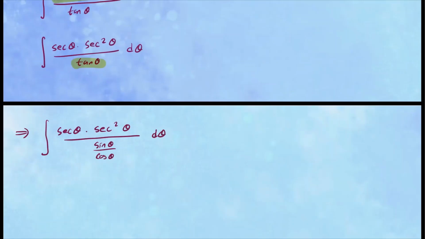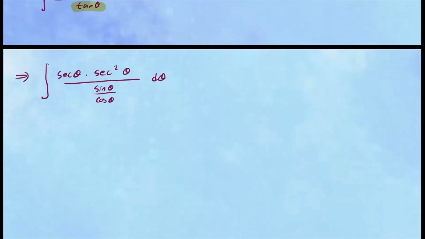Now I can rewrite tangent theta as sine over cosine. So you have secant theta times secant squared theta over sine theta over cosine theta d theta.